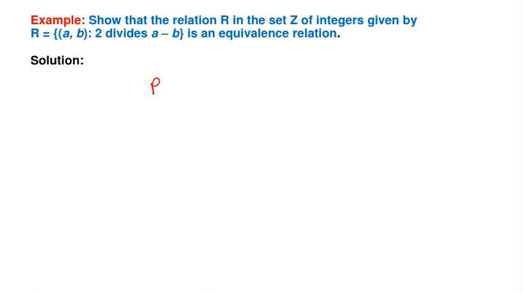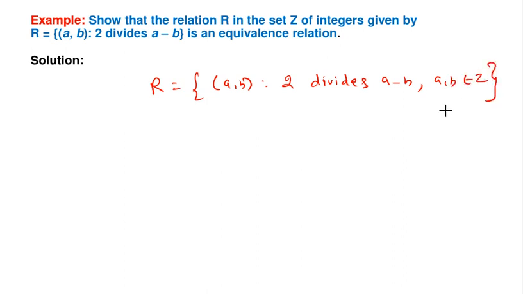The relation R is the set of representative elements A comma B such that 2 divides A minus B and A comma B belongs to Z. So this is the given relation in set builder form.